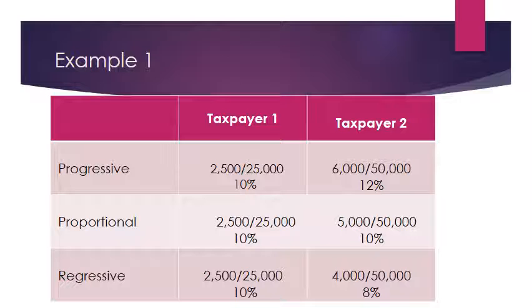In the third scenario, it was a regressive tax, where taxpayer 2 is only paying 8% of his income in tax, even though he's still paying more in taxes in monetary terms compared to taxpayer 1. So judging the progressivity of a tax involves more than just looking at monetary terms. We need to calculate the effective tax rate in order to find out how much the tax affects taxpayers, and whether it looks progressive, proportional, or regressive.